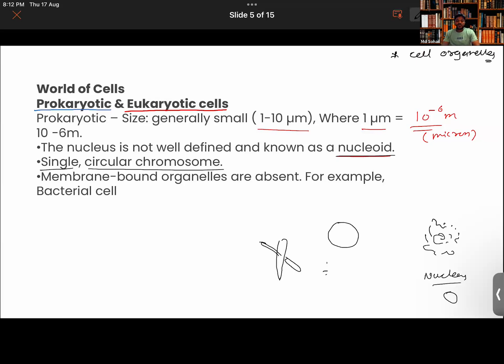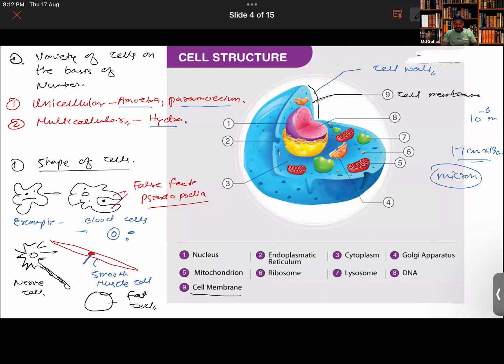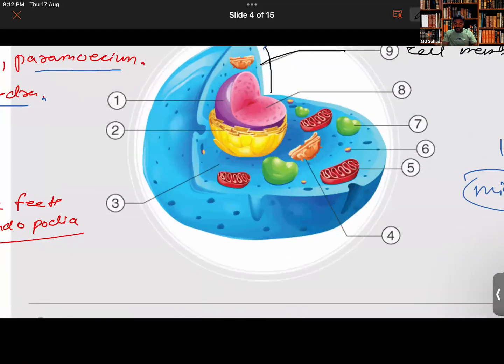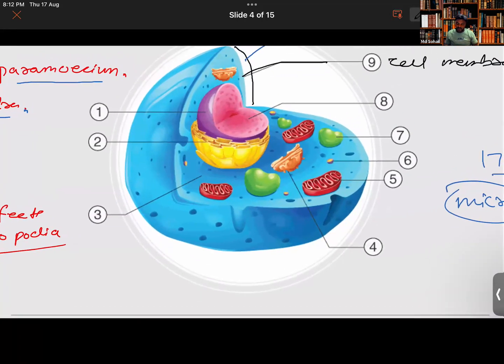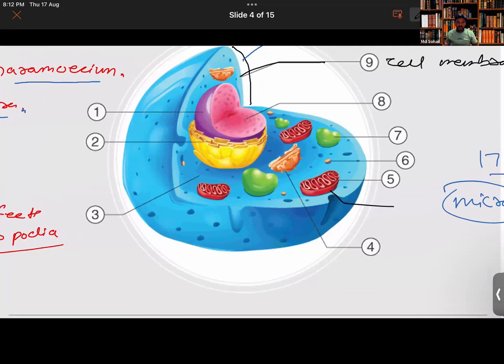So you will see now in the modern day cells, in the eukaryotic cells, the organs also have got their boundaries, right? So the organs which we will be studying, for example, take this, that is an example. This figure is an example of a eukaryotic cell. So these are some of the organelles. I'm not naming them. Just look at them here.